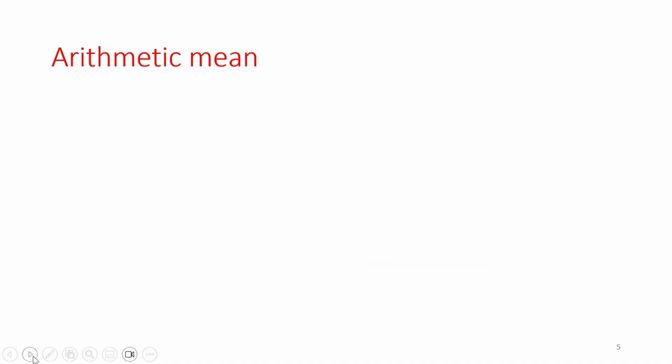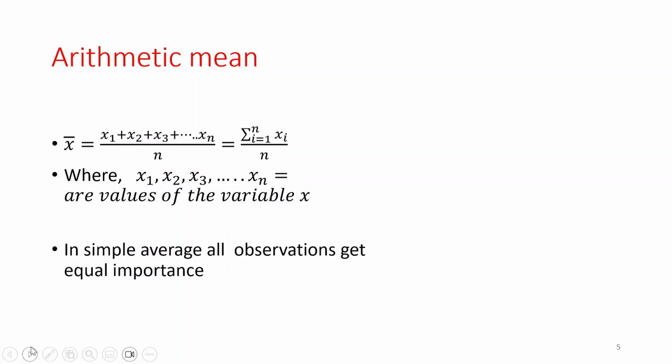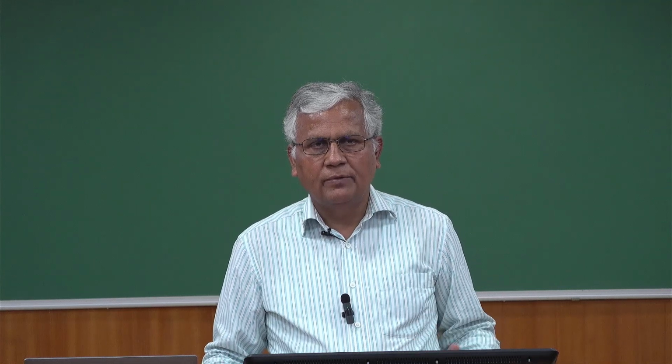The first thing is the arithmetic mean, and this one is very, very simple. If we have a set of observations or data like x1, x2, x3, up to xn, there may be the values of some variable x. X could be the height of students in a class, or the weight of students in a class, or the length of fibers.